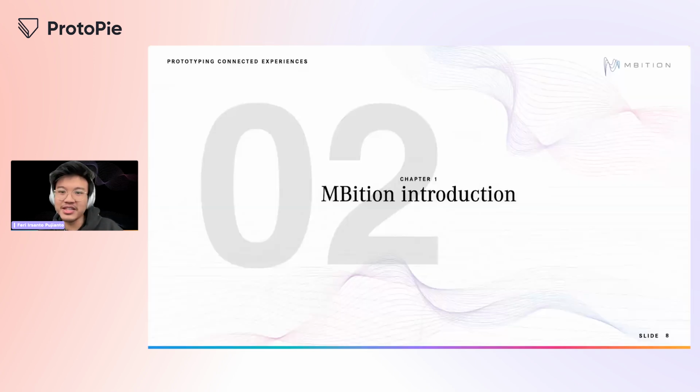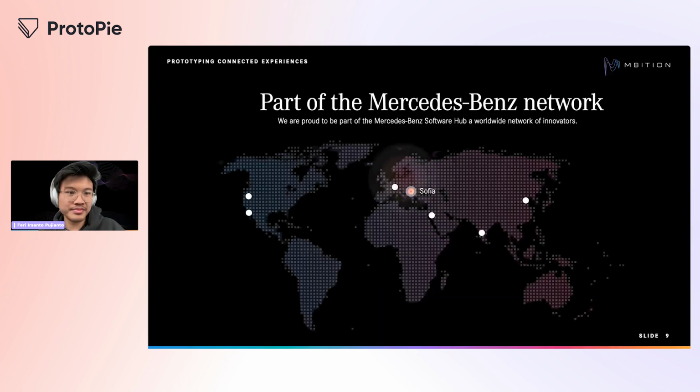So here's a quick sneak peek of our company profile to bring a better understanding of our product and upcoming points. Our company is a 100% subsidiary of Mercedes-Benz. We are part of Mercedes-Benz Software Hub and part of the research and development.